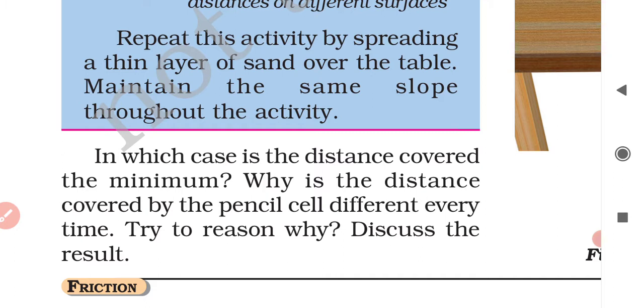The friction exerted by the rough surface of the sand over the surface of the pencil cell is more. So from this activity we will see that when the surface of the table is smooth, when we did not place any material, either cloth or sand, the surface of the table was smooth, right?